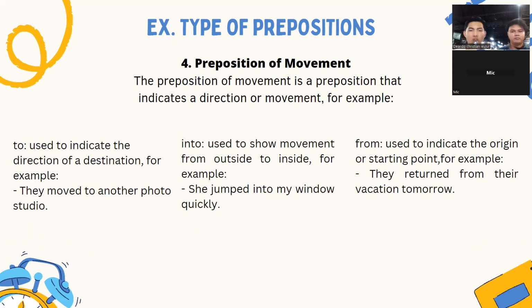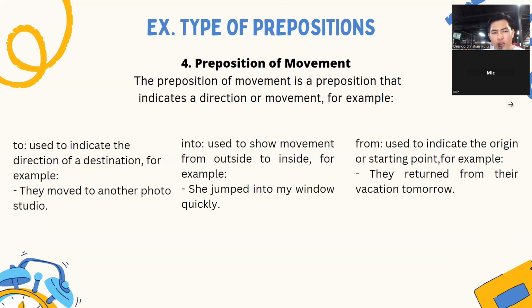For the preposition of movement. The preposition of movement is a preposition that indicates a direction of movement. For example, to is used to indicate the direction of a destination.